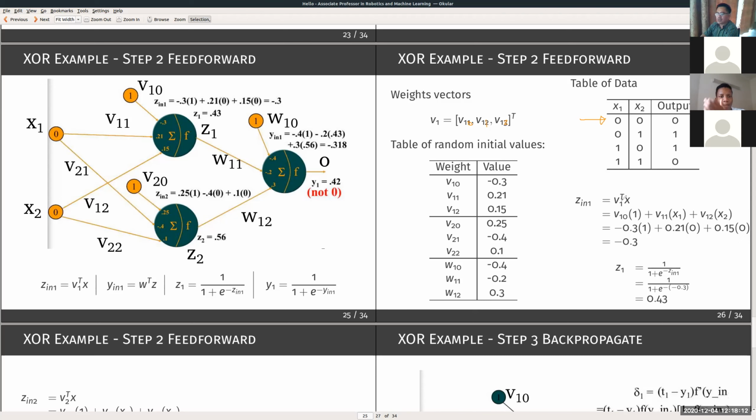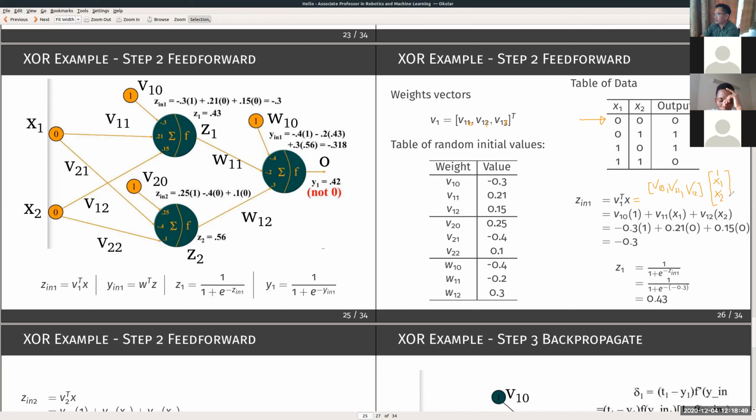Zn1 is the dot product of V1 times X. What is that? It is just V10, V11, V12 multiplied by the bias 1, then X1 and X2.